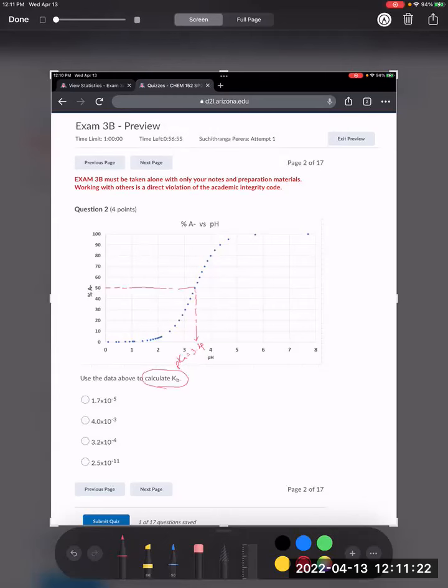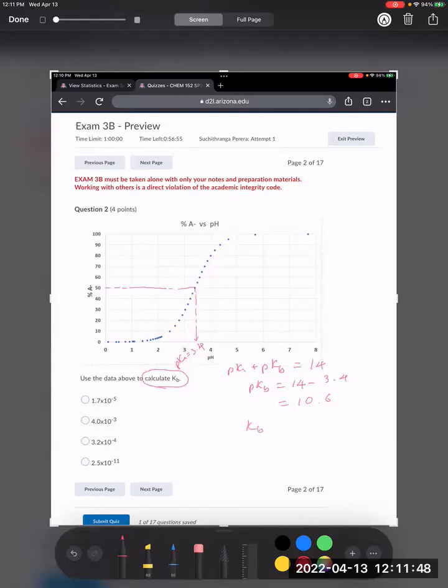Okay. Now the question is asking for the Kb of the conjugate base. We know that for conjugate pairs, pKa plus pKb is equal to 14. Therefore, pKb is equal to 14 minus 3.4, which is 10.6.